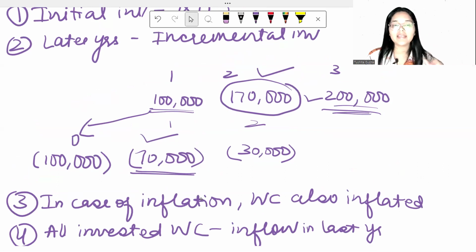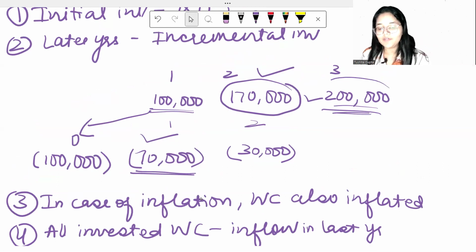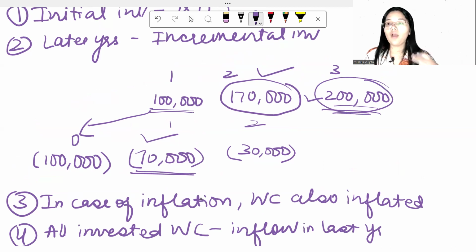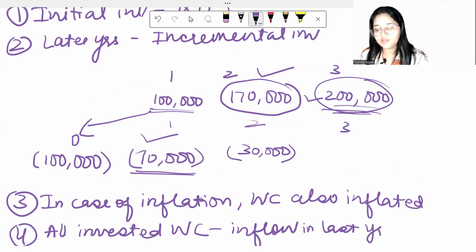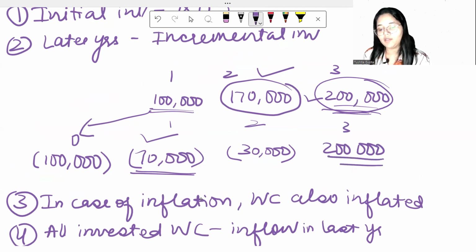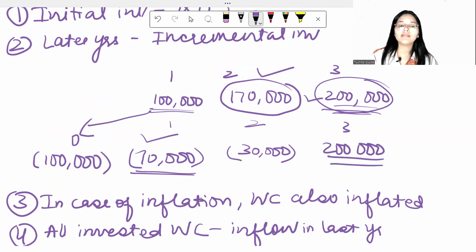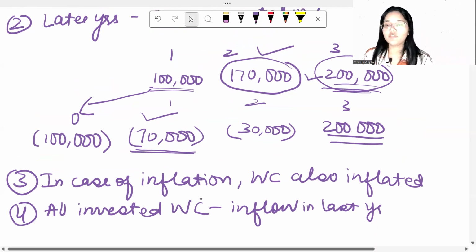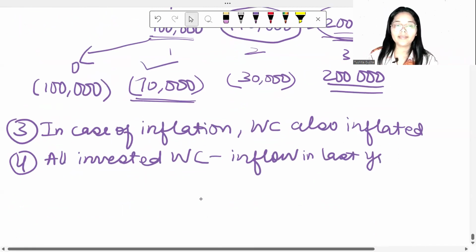When the project has ended, the entire money which was there in the last year is going to come back to me. So at the end of the third year, I'm going to have a positive 200,000 coming into my business. Hence, it will be shown as a positive figure, as an inflow in the very last year. These are the possible adjustments which can be there with regards to your working capital.